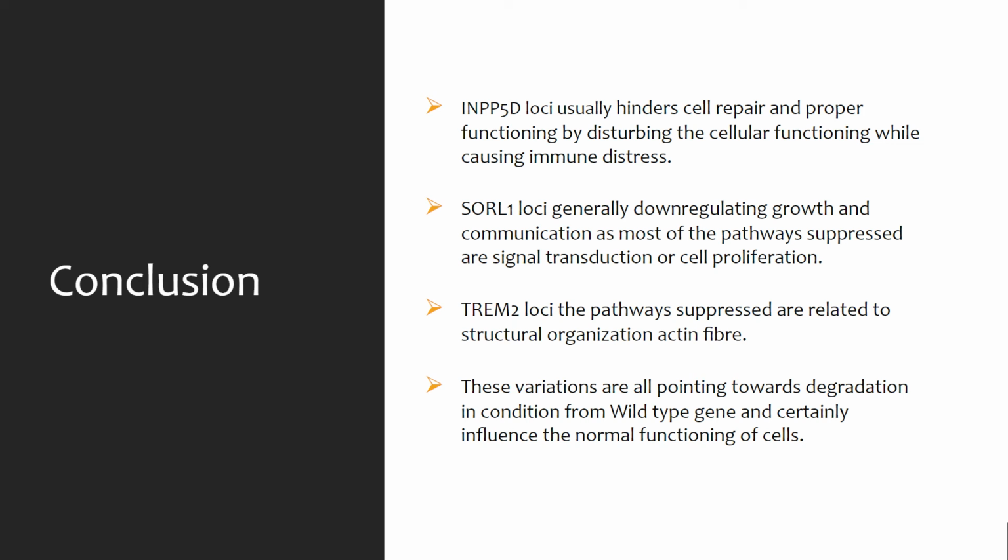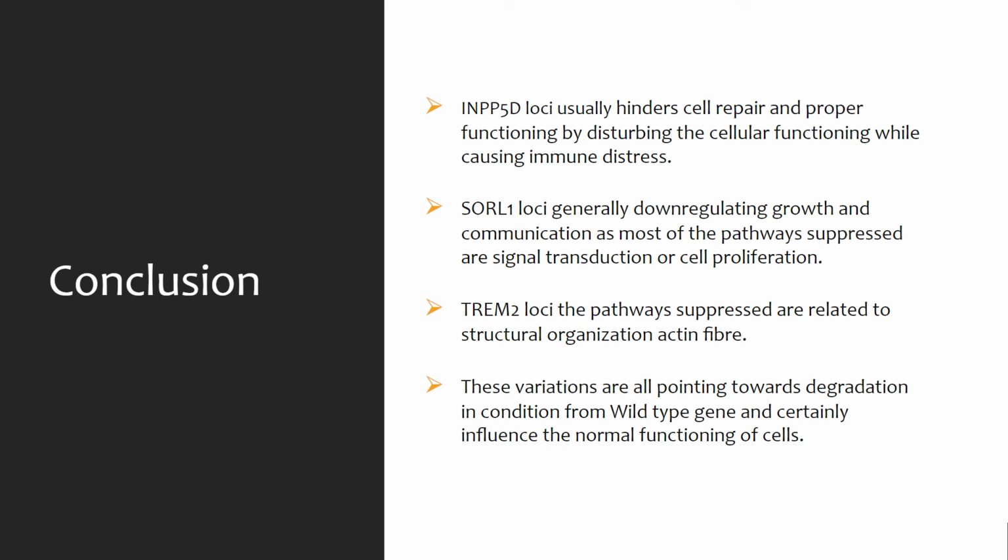The INPP5D loci usually downregulates the cell repairing process and the proper functioning of the cellular activities, while it also causes some disruption in the immunity signaling and causes immune distress signals to propagate within our cortex structure.